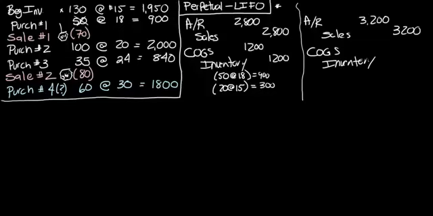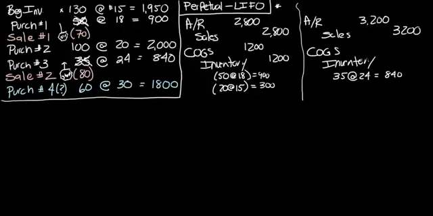And the look back is I'm going to sell the most current units first. I need 80 units in total. So I'm going to sell all of the 35 units at $24 a piece. And that's $840. So all these are now gone.